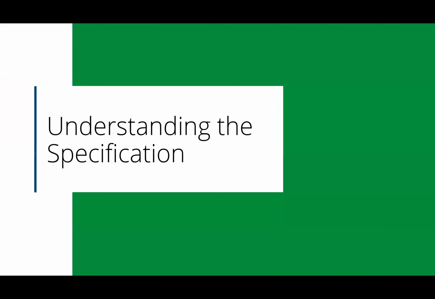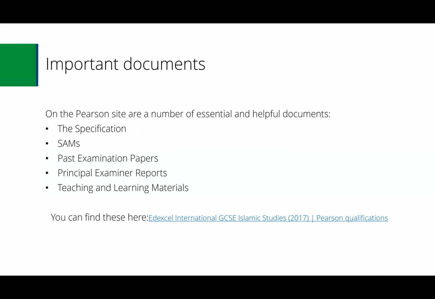So let's start by understanding the specification. On the Pearson site, there are a number of essential and helpful documents. You'll find the specification itself there, the sample assessment material, the past examination papers, principal examiner reports, and teaching and learning materials as well.